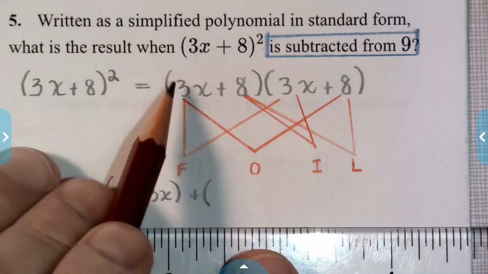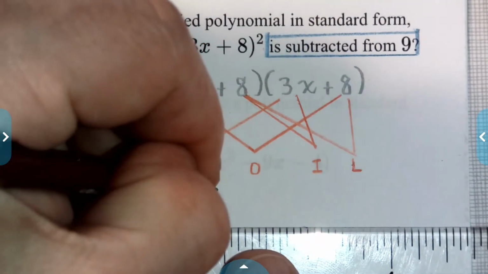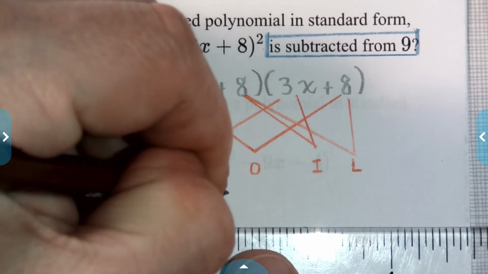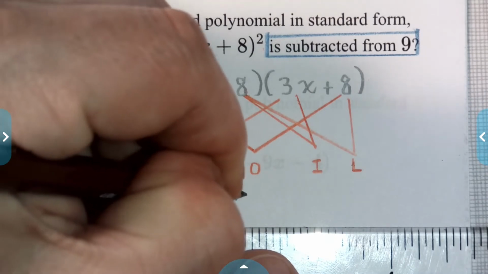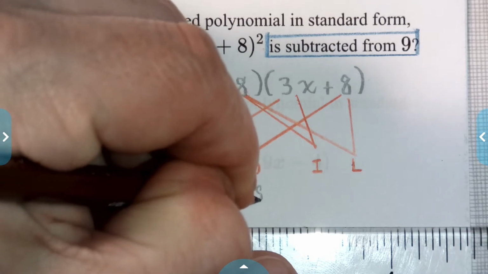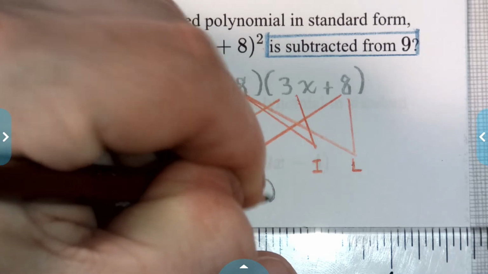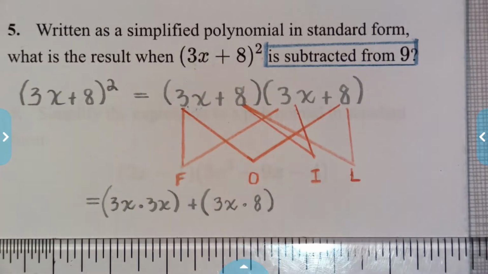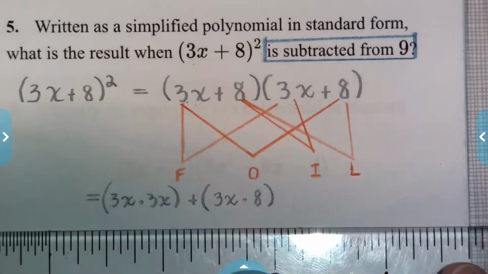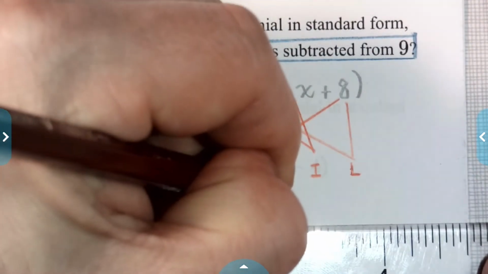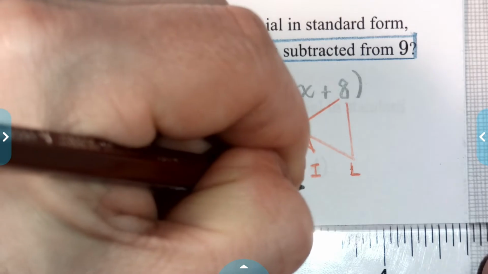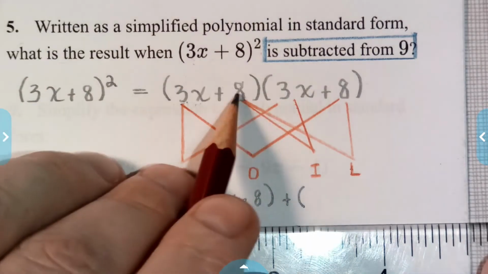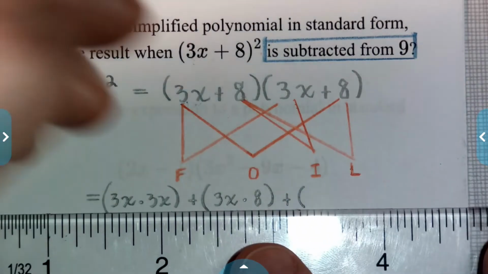Here comes the outer, 3x times 8. If you do it this way and you make a mistake and bring it to your teacher, they'll be able to spot the error very easily. Plus inner times inner, 8 times 3x.